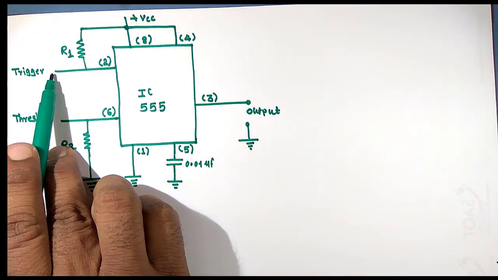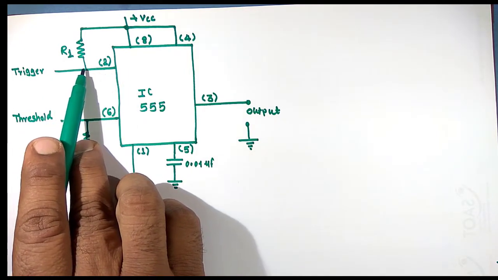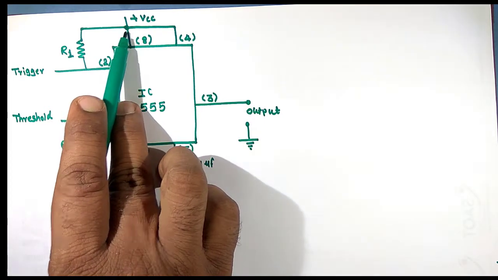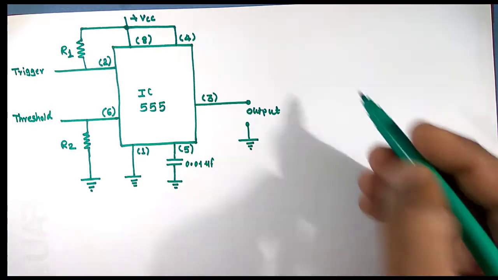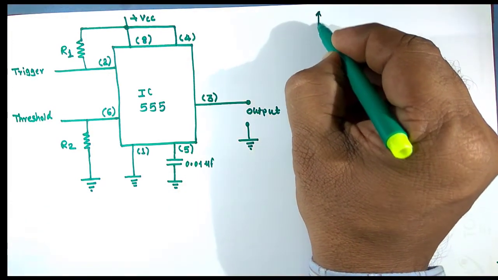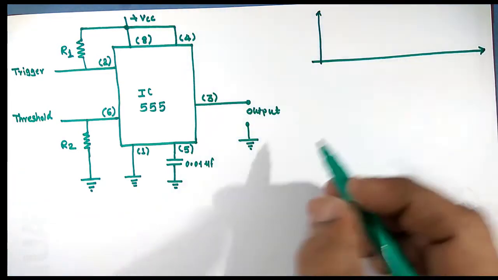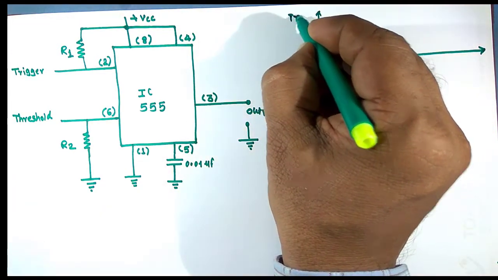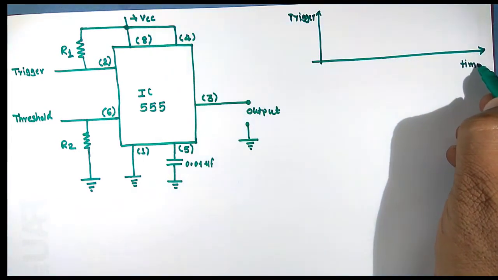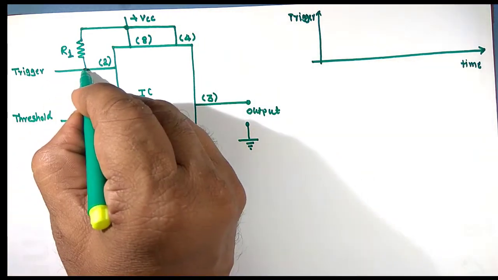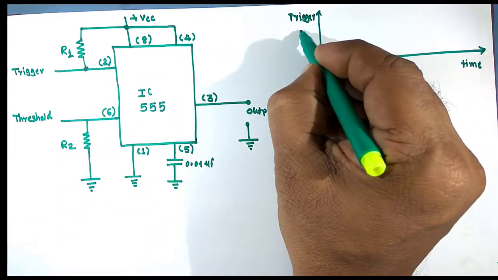Here pin number 2, that is trigger input of bistable multivibrator, is connected to plus VCC through resistor R1. So when no triggering input is present, at that time the voltage present at pin number 2 is approximately equal to VCC.